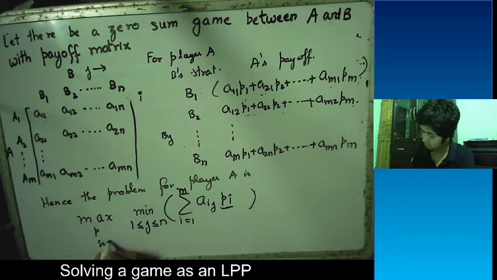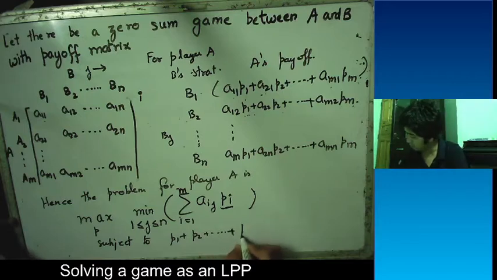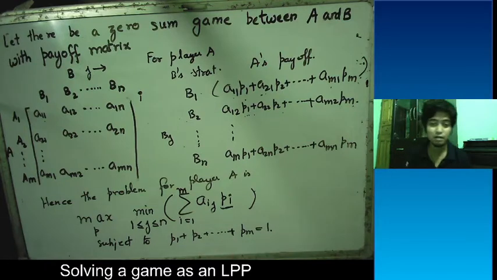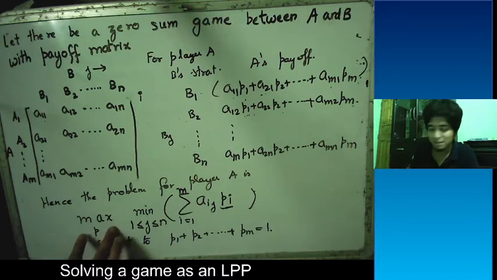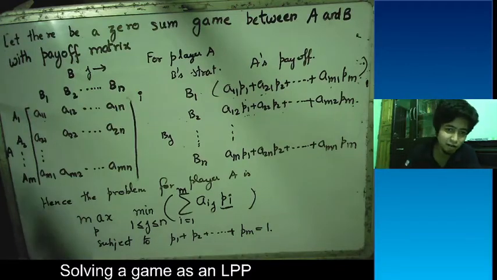Subject to P1 plus P2 up to Pm equal to 1. So now it is starting to look like an LPP. We have a maximization problem of this thing subject to this, but it is still not yet an LPP.